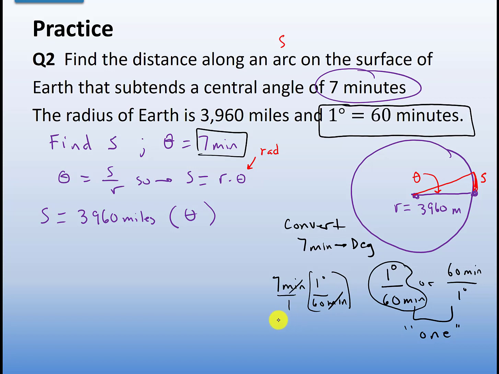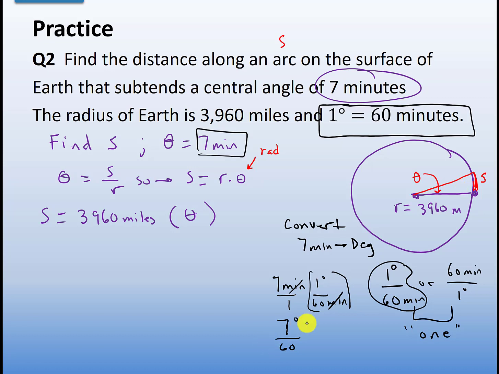So I'm going to have 7 over 60 degrees. It's a fraction of a degree, 7 out of 60. So the amount of rotation we've done on this angle is a fraction of 1 degree.